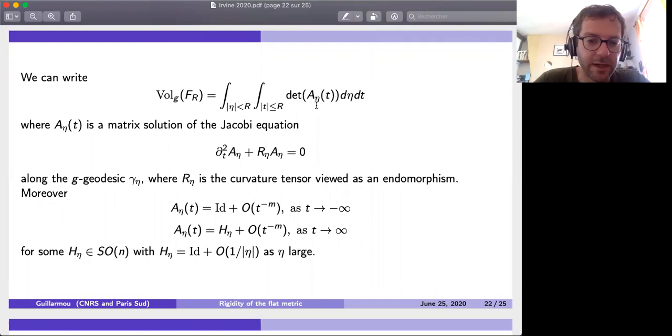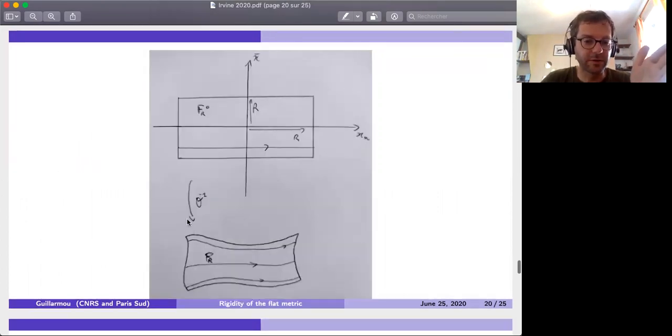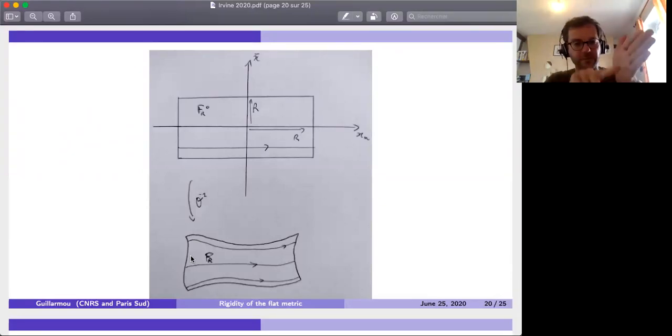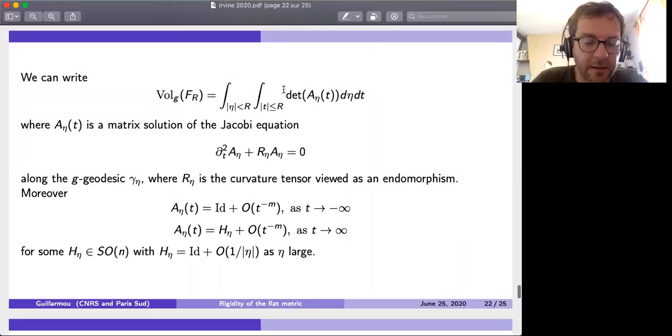And it's not very hard to check that this A, of course, depends on eta. So you will get t corresponding to the integration along the geodesic, and eta is the parametrization on the slice, on the set giving you the set of geodesics. And this A of eta is going to be a matrix solution of the Jacobi equation.